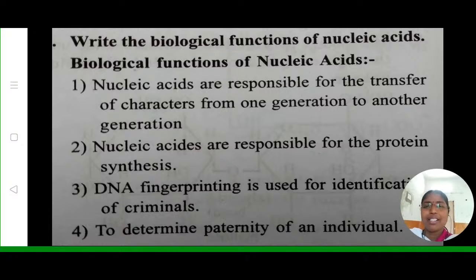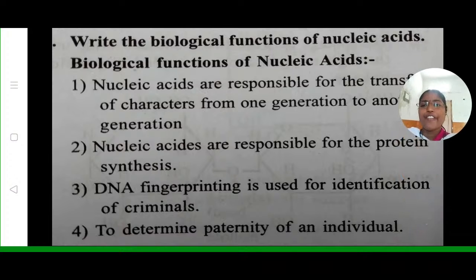Okay, next, third point is, DNA fingerprinting is used for the identification of criminals. In our thumbs, so many lines are present. For every person, they have different fingerprints. So based on these fingerprint lines, the criminals are identified.